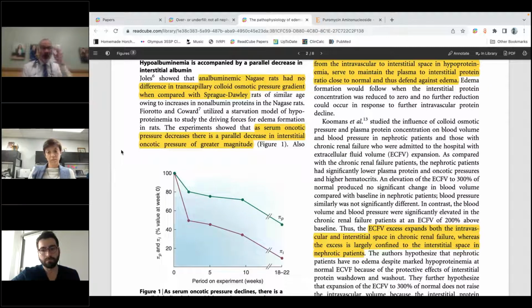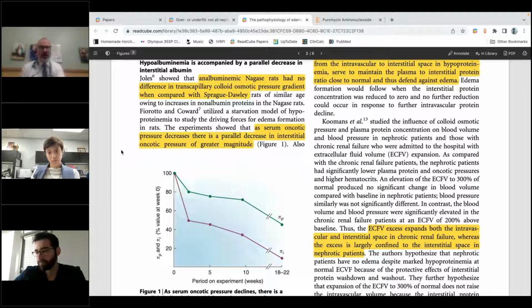But they looked at the model of those analbuminemic rats, and through micropuncture studies, they determined there was no difference in the colloidal oncotic pressure gradient between their plasma oncotic pressure and their interstitial oncotic pressure compared to normal rats that had a normal albumin concentration.